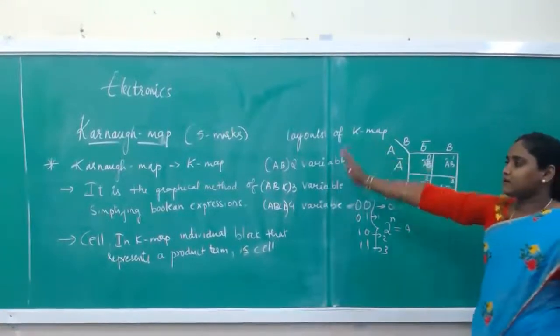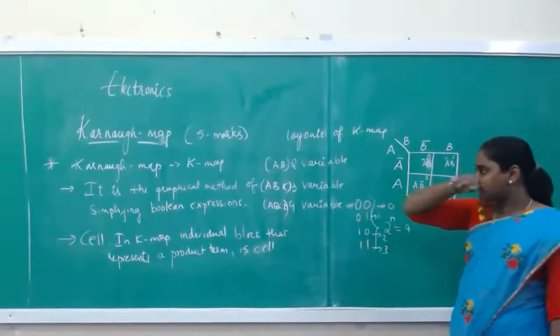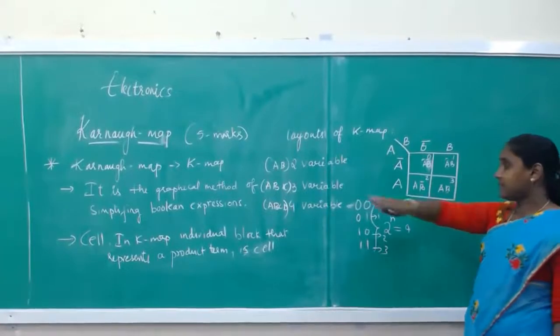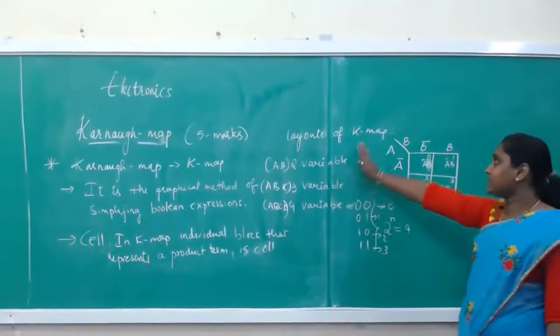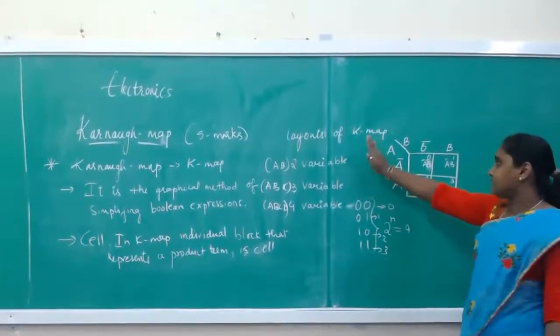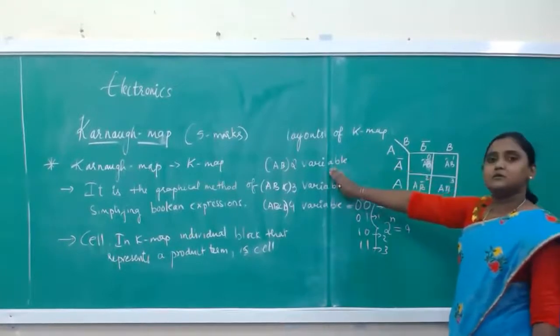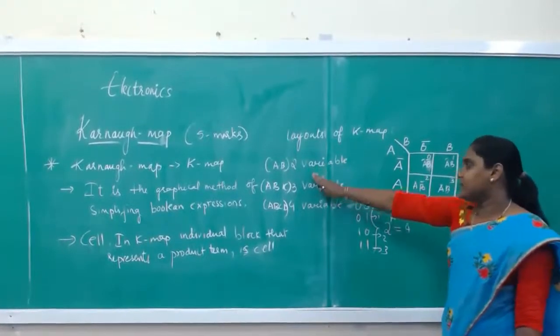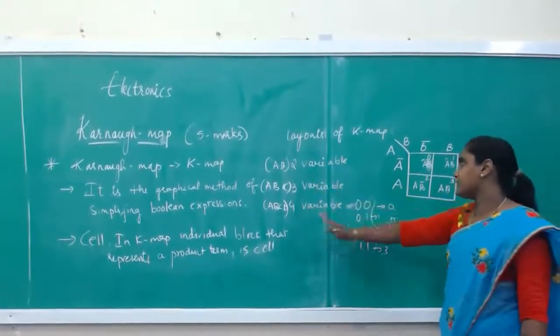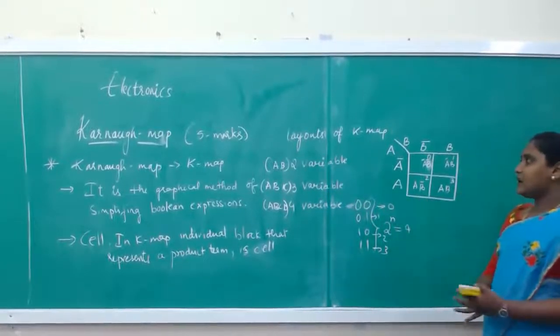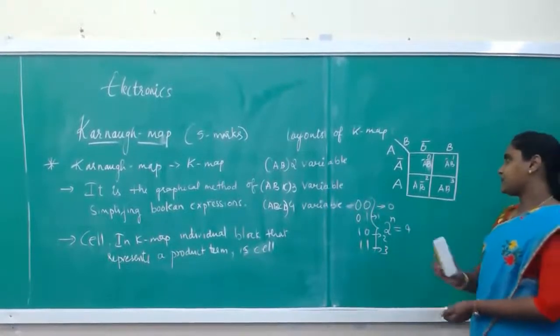So we have covered the cell definition, and the Karnaugh map definition, that is also called K-map. Here we are moving with the layouts for each different variable count: 2 variables, 3 variables, 4 variables. So here I have considered a K-map that is having 2 variables.